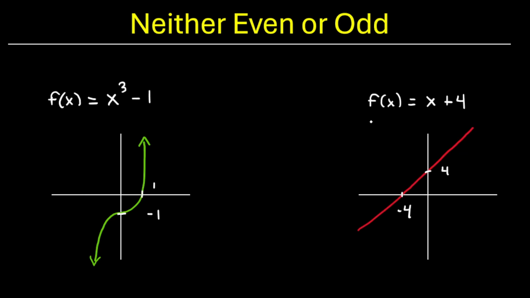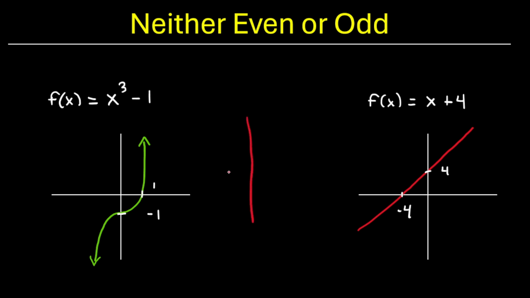Okay? Now, one last thing we need to touch on is the fact that some functions are neither even nor odd. They don't have to fall into one of those categories, which a lot of people get mixed up. Let's say we look at the function f of x equals x cubed minus 1. Very similar to the one we just looked at, except it's dropped down by 1.